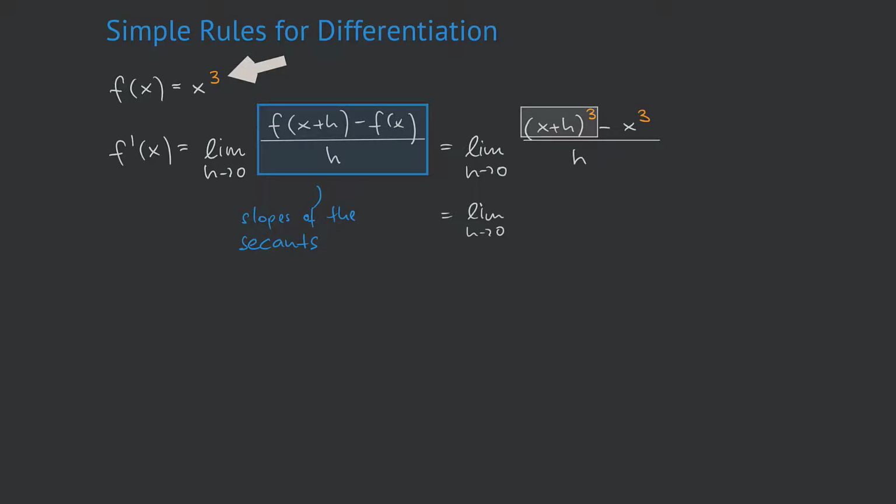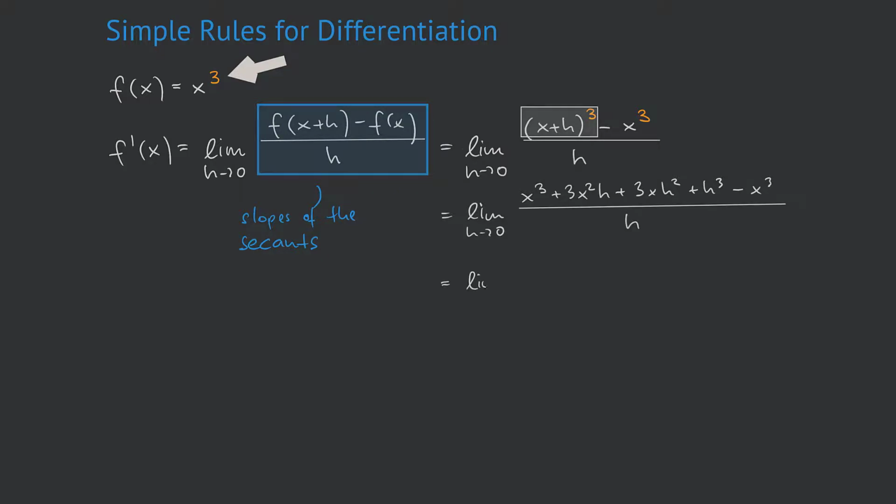It is the term x plus h taken to the third power, which is, when we expand this, x to the third power plus 3x to the second power h plus 3x h to the second power plus h to the third power. And then there's still the minus x to the third power left, divided by h.